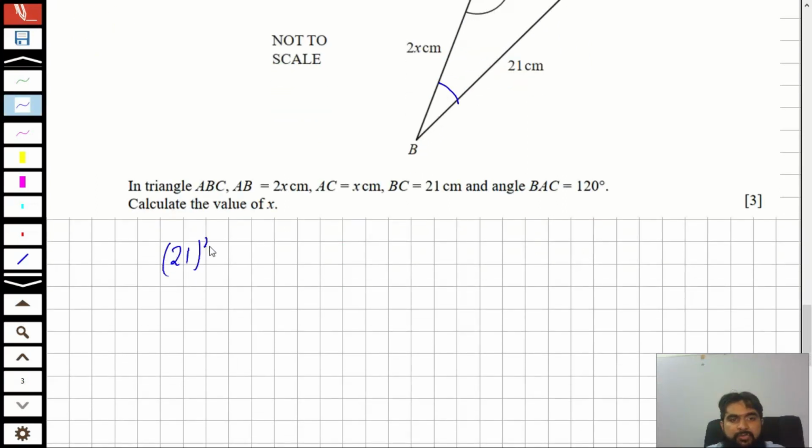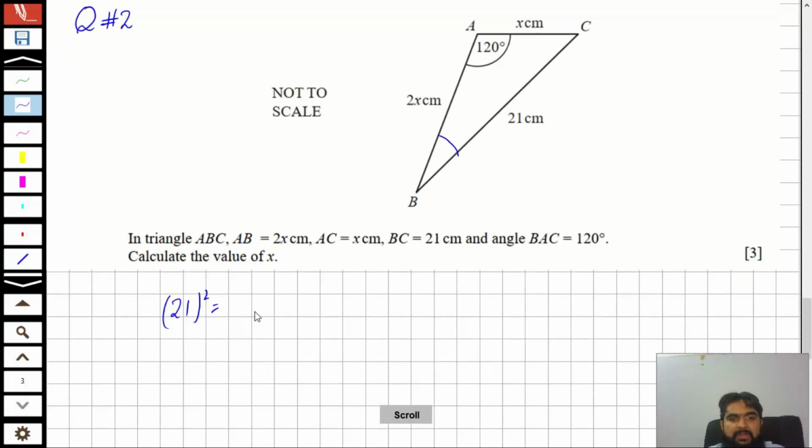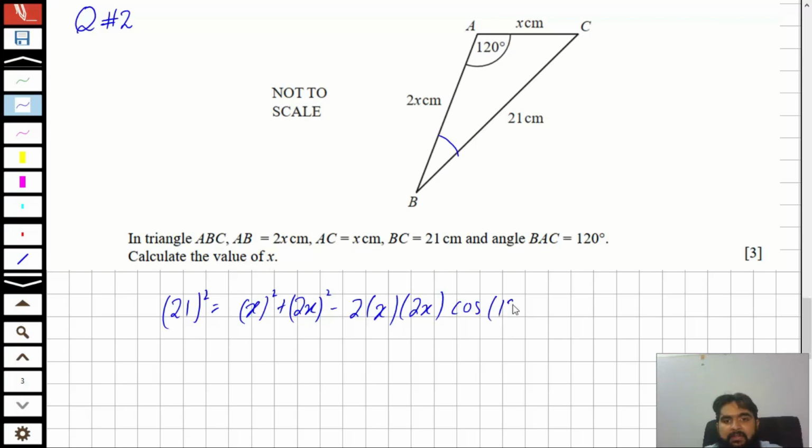So 21 square will be equal to x square plus 2x square minus 2 into the product of the other sides, x and 2x, into cos of their included angle, that is 120, because 2x and x include the 120.